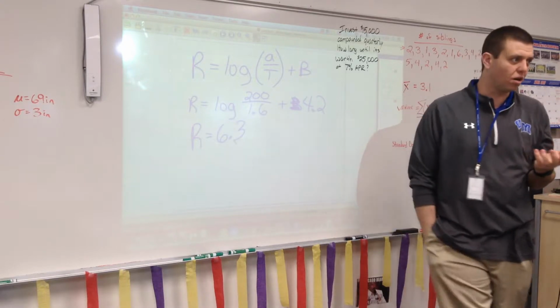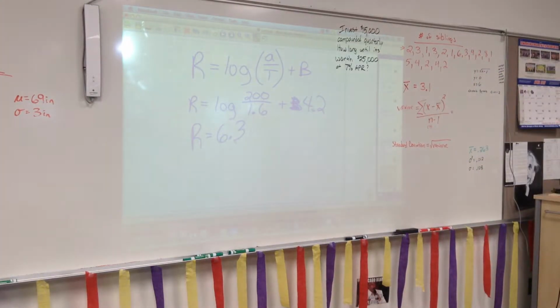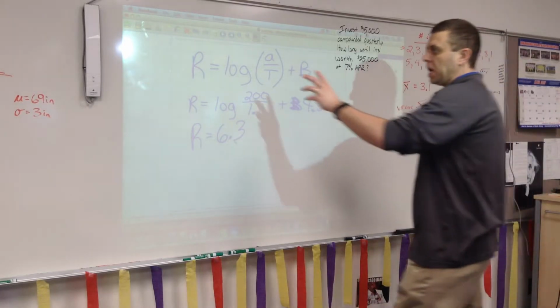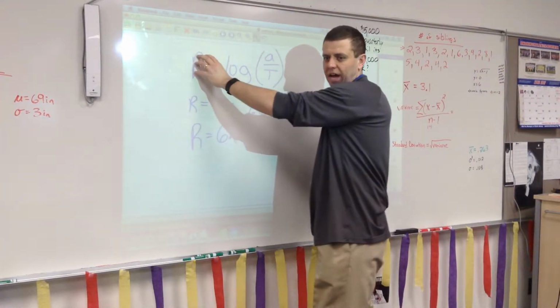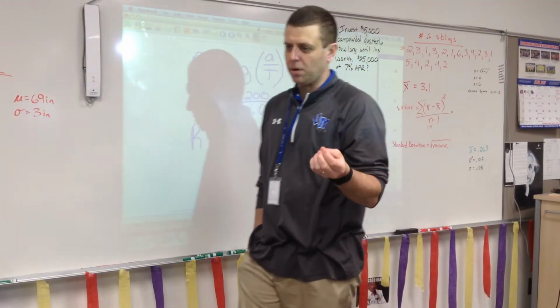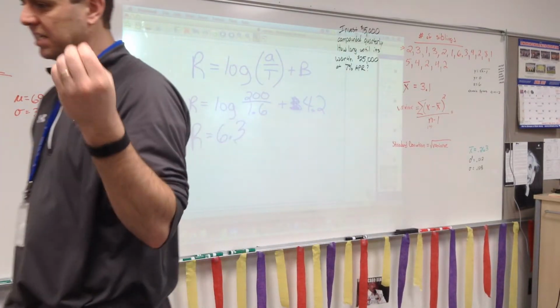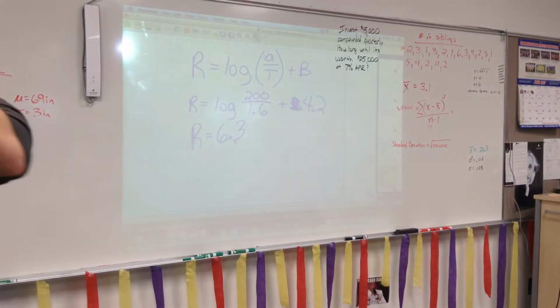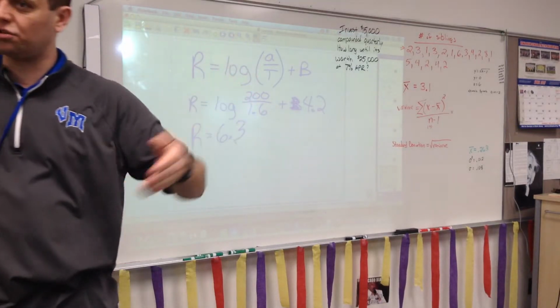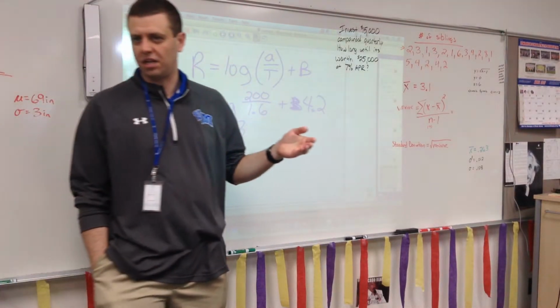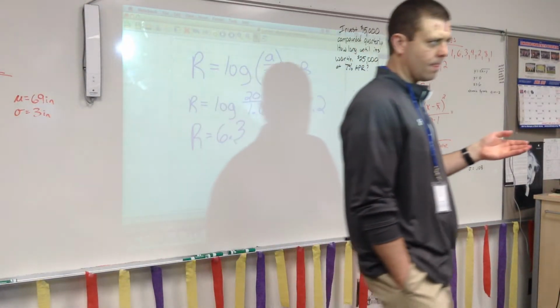So how many times stronger is the 10 to the 5th than a 10 to the 4th? 10 times stronger. Does that make sense? Okay. A Richter scale value is the exponent on a 10. So for every value you go up on the Richter scale, you're increasing by a power of 10. Okay.